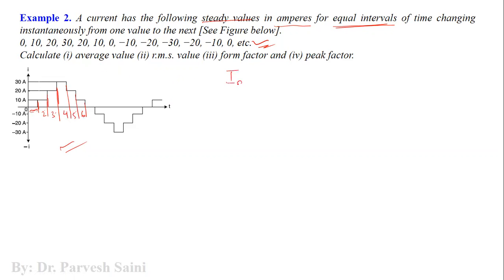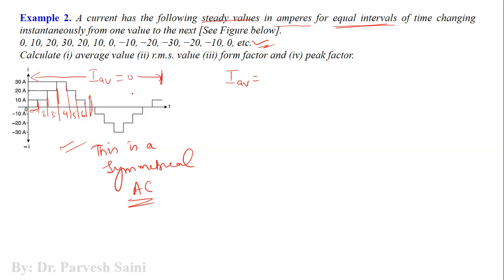It is very simple. Average value is you add all these. Because it is a symmetrical AC signal, for the complete cycle the average value is 0, right?